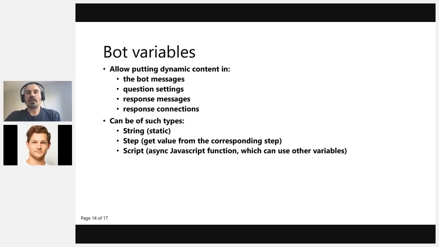Right. Bot variables, as I mentioned, are the way you can use your bot data within the content of the bot itself. So for example, if you have an answer to step number 1, and you need to use that answer within the conversation, you can create a variable for it and use it with a simple syntax within your conversation.